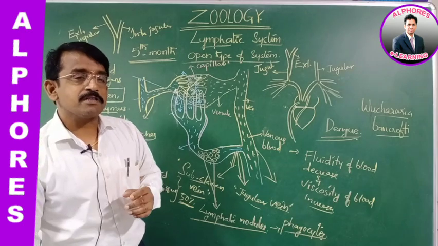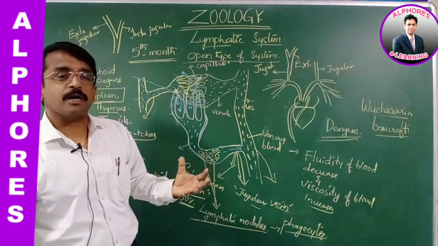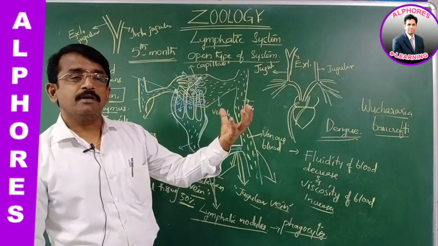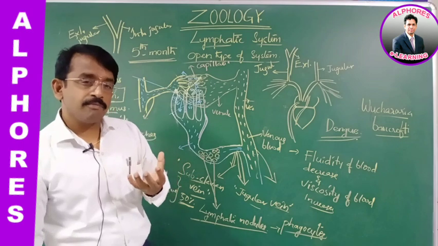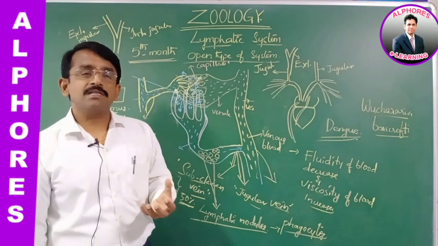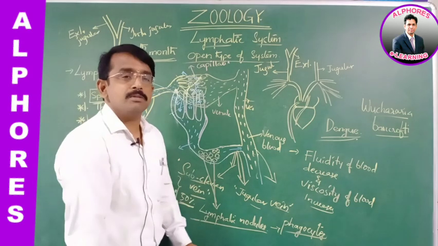In a light infection, we see the inflammation in the lymph vessels and the lymph glands, which are nothing but nodules.